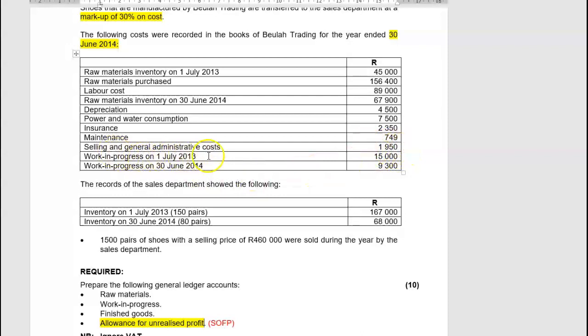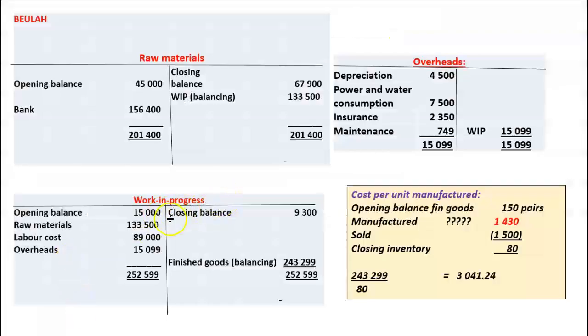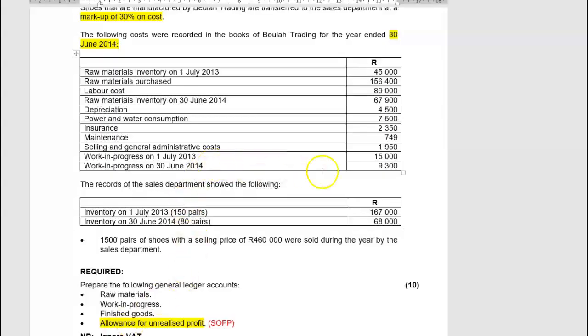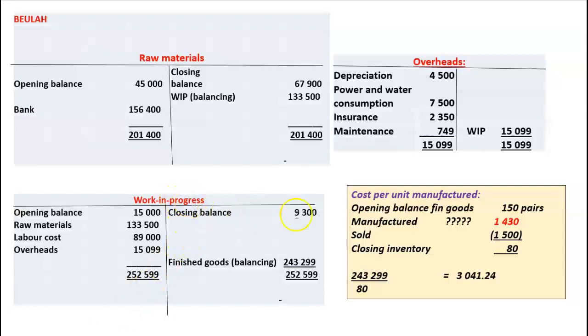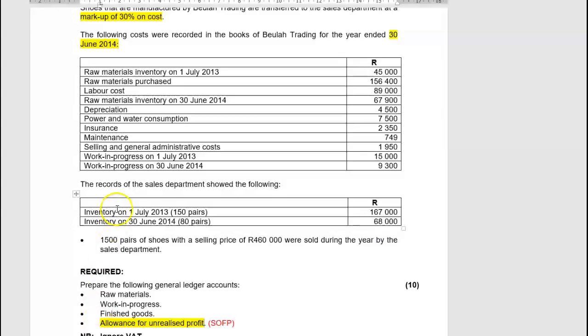Work in progress as at 1 July, so that was incomplete products at the beginning of the year, 15,000. So in my work in progress account, opening balance 15,000, and then work in progress at the end of the year 9,300. So closing balance then 9,300. They say the records of the sales department showed the following.